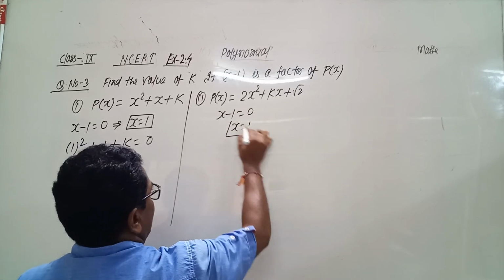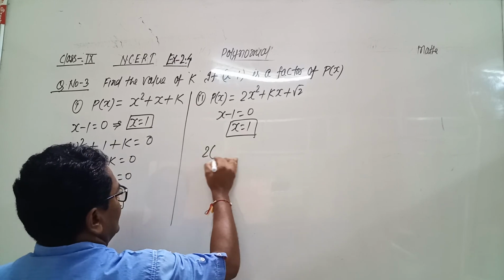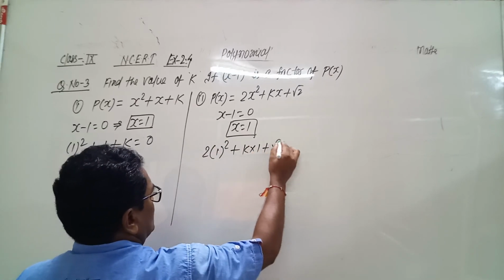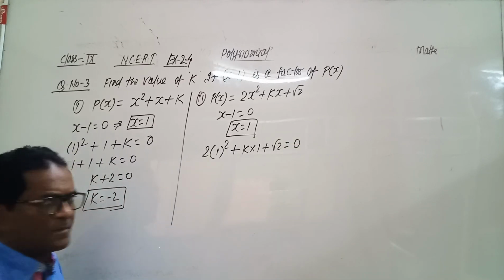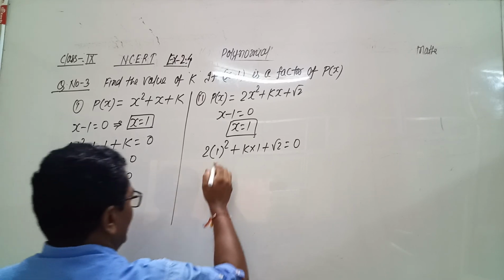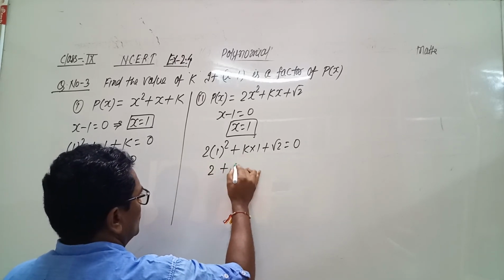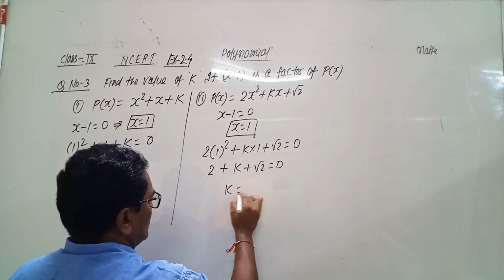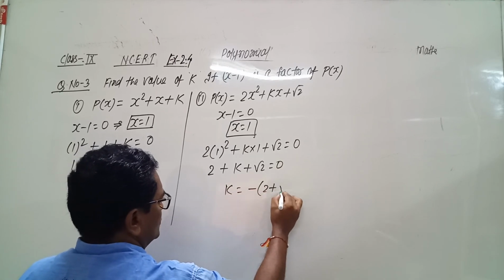Find the value of x. Put the value of x in the given expression and also make it equals to 0. Calculate the value of k. This comes 2 plus k plus root 2 equals to 0, and the value of k comes to be minus 2 minus root 2.